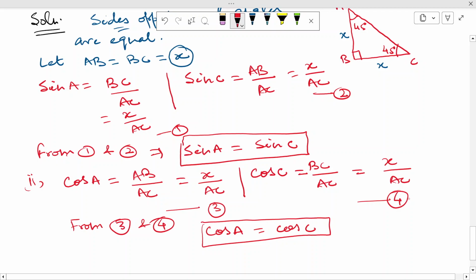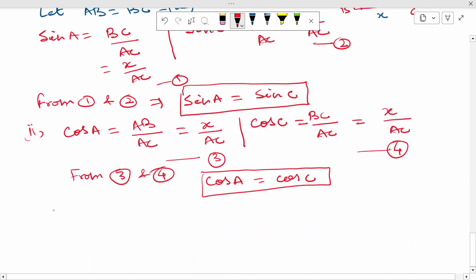Now, before we proceed to the third and fourth part, we may make use of the Pythagoras theorem.